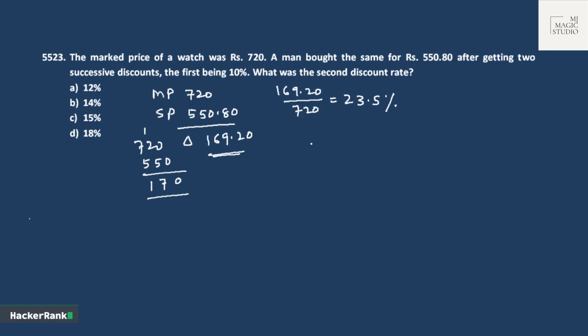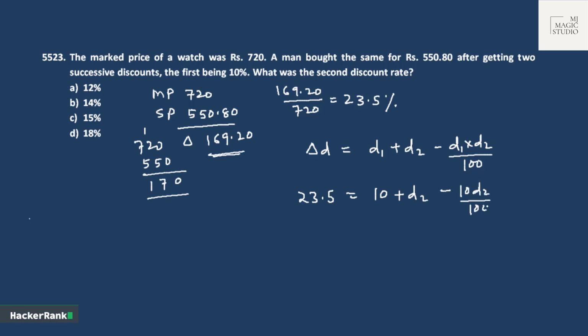Now we know that combined discount is given by D1 plus D2 minus D1 into D2 by 100. So combined discount is 23.5. First discount is 10%. Second discount D2 we don't know. Minus 10 D2 by 100. So 13.5 equals D2 minus D2 by 10, 9 D2 by 10.